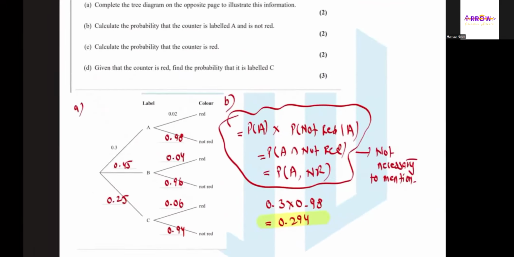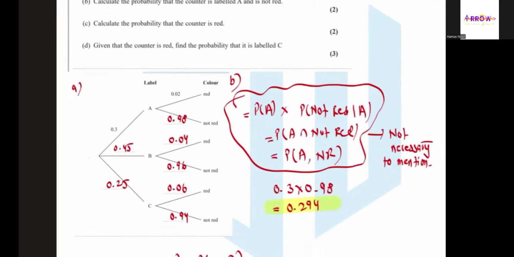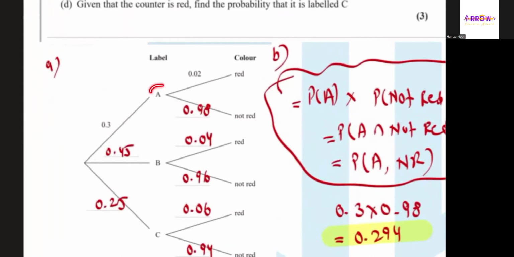Okay. And then it says that 2% of the counters labeled A are colored red. Okay, so this means that when the counters are A, those which are colored red are 2%. So those which are not red is 1 minus 0.02, which will be 0.98.